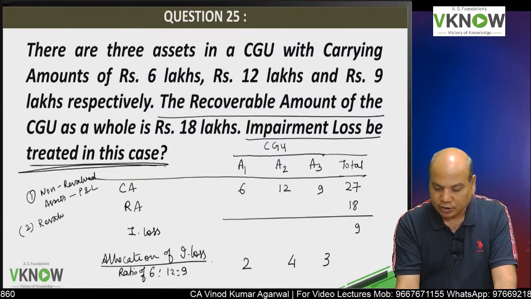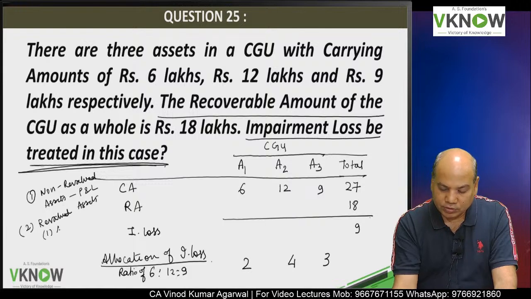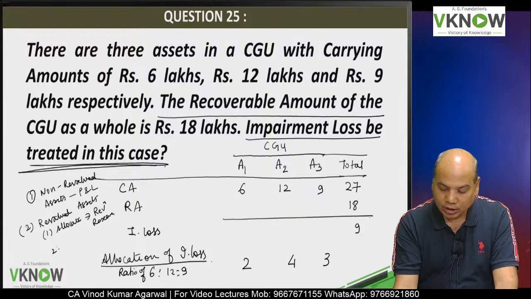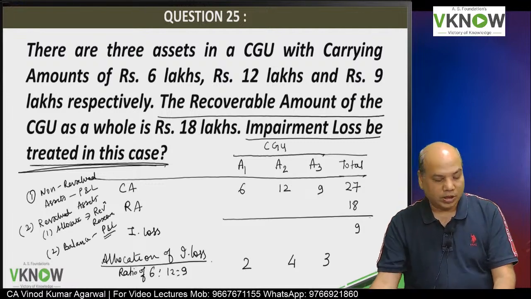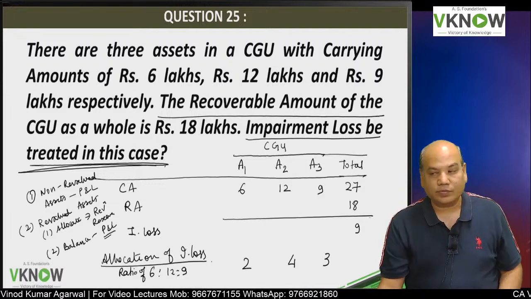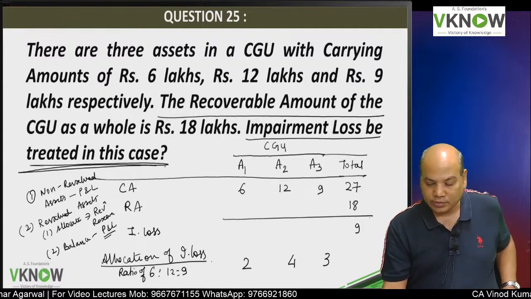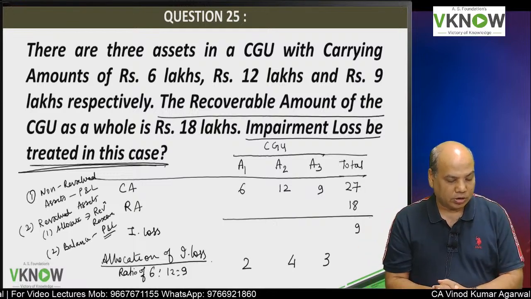If these are revalued assets, then first allocate impairment loss towards revaluation reserve, and balance, if any, will be transferred to the P&L account. Impairment loss in case of a revalued asset will first be adjusted against revaluation reserve, and balance, if any, transferred to the profit and loss account.